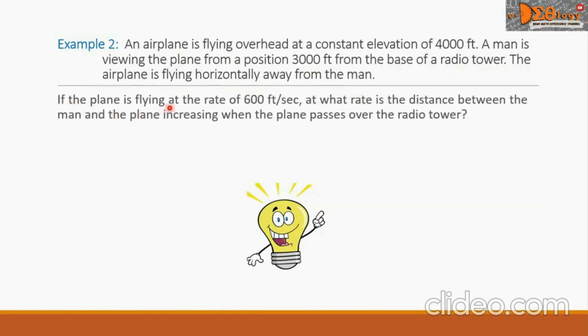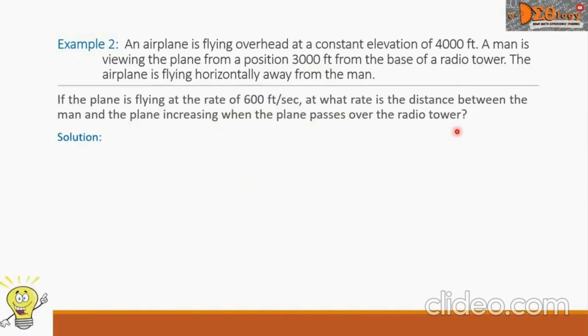If the plane is flying at the rate of 600 feet per second, at what rate is the distance between the man and the plane increasing when the plane passes over the radio tower?